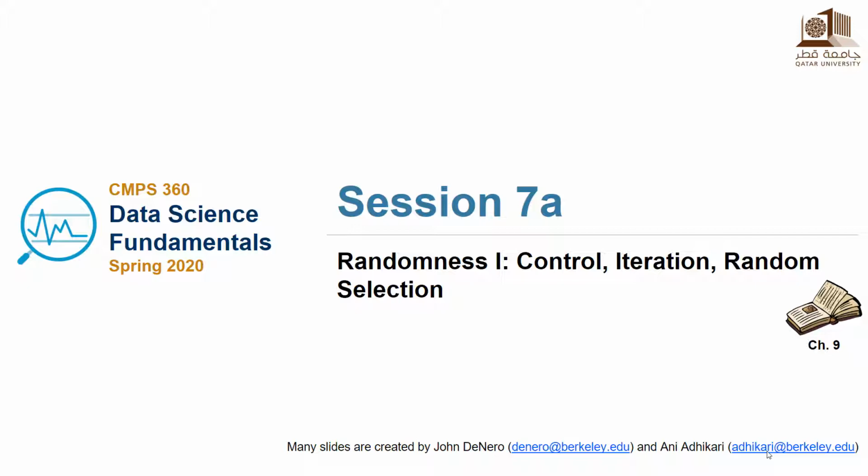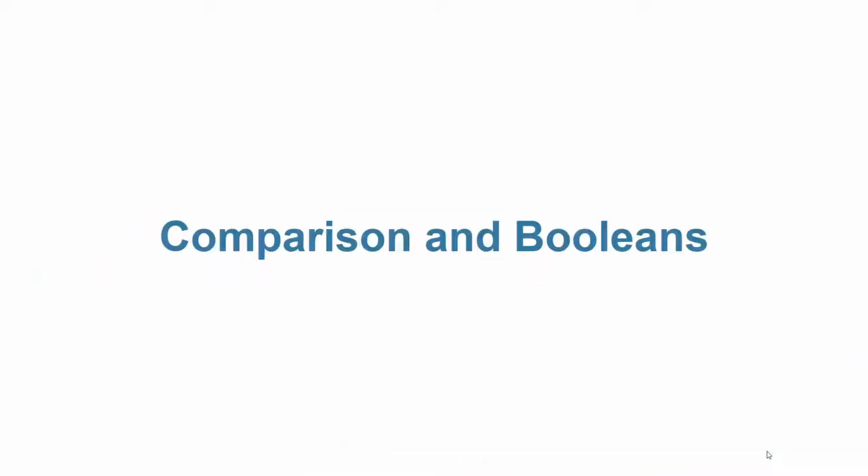When we talk about probabilities, we need to talk about counting, right? When we talk about counting, we need to talk about loops and conditional statements. So what we will start with in this session is to talk about comparisons and conditional statements and loops in Python, and then we will apply that on what we need for randomness.